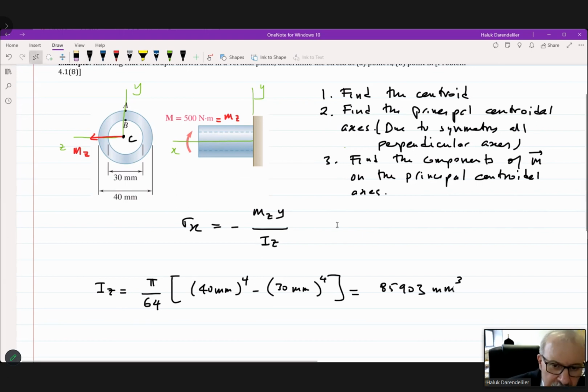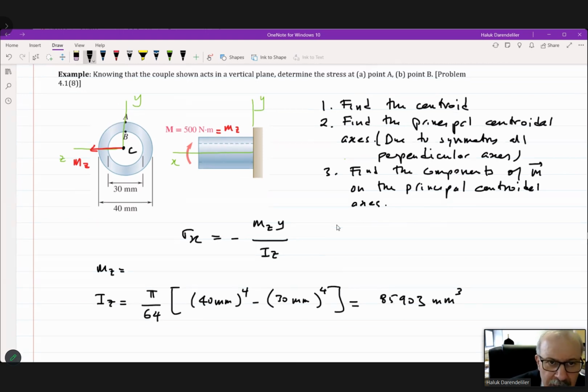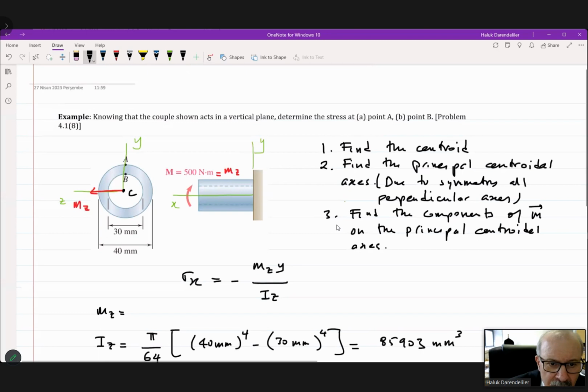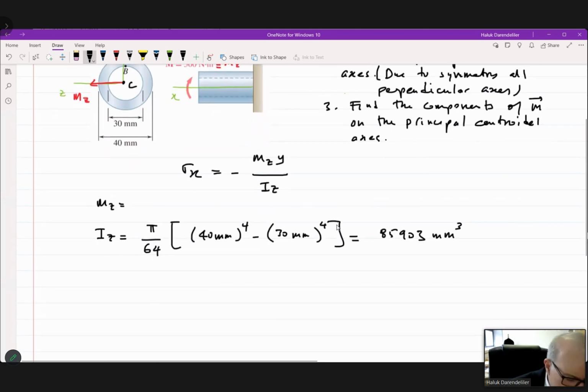And what about M? The moment mz is given in the problem as 500 newton meters. So it is 500,000 newton millimeters. I know the equation. I know the moment. I know the iz. These are valid for the whole cross section.